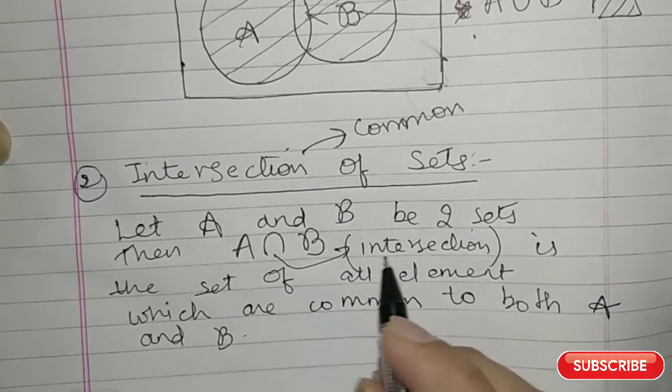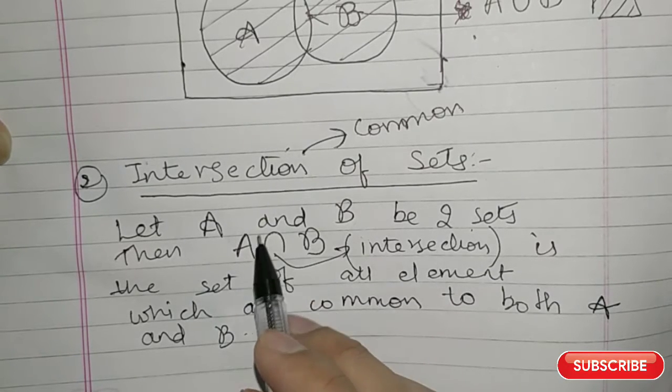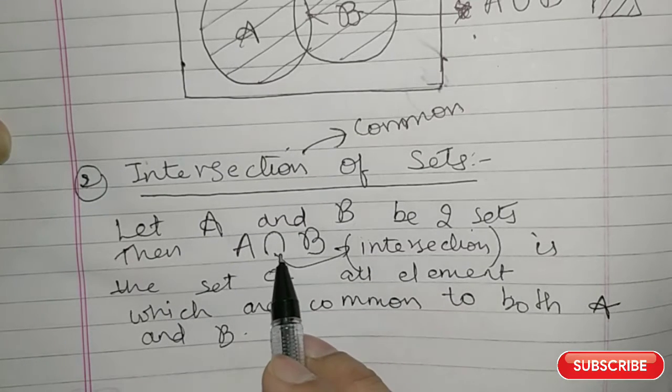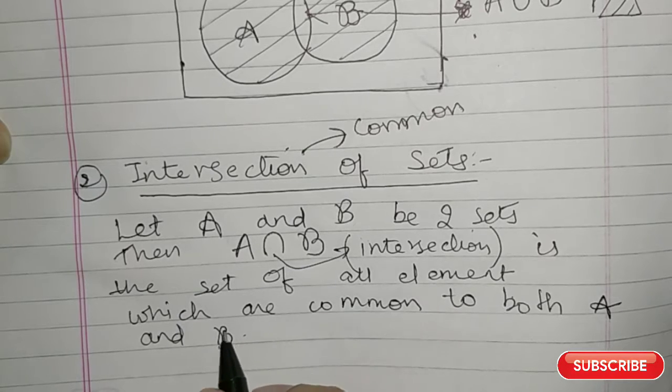Intersection means you have to take all the elements which are common to both A and B, right?